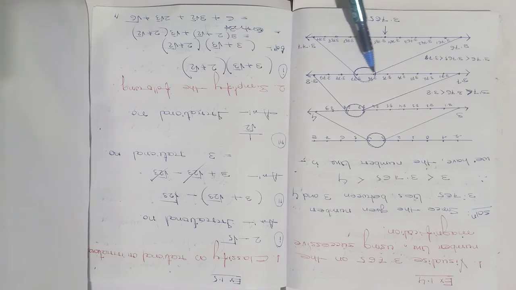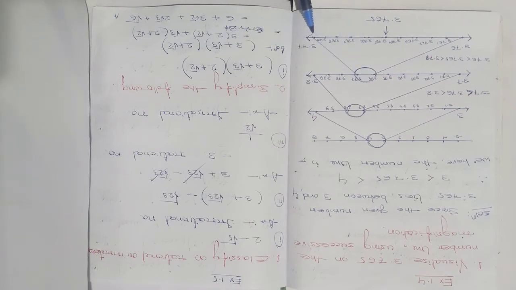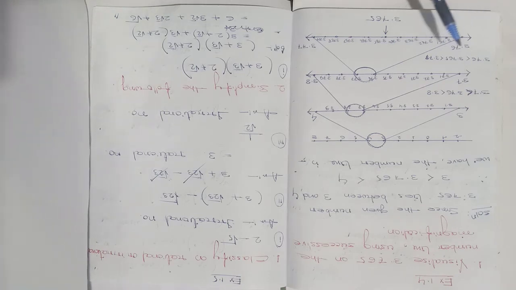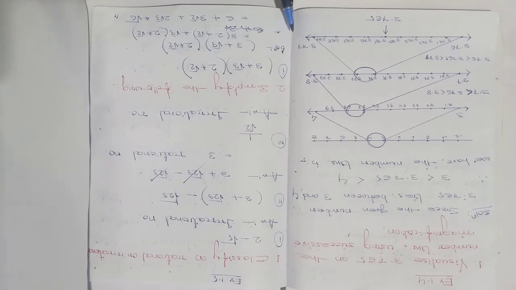If we magnify this portion, 3.76 will come here and 3.77 will be the last point. In between 3.76 and 3.77, again there are 9 numbers. You can see 3.761, 3.762, 3.763, 3.764, 3.765, 3.766, 3.767, 3.768, 3.769 and 3.77.